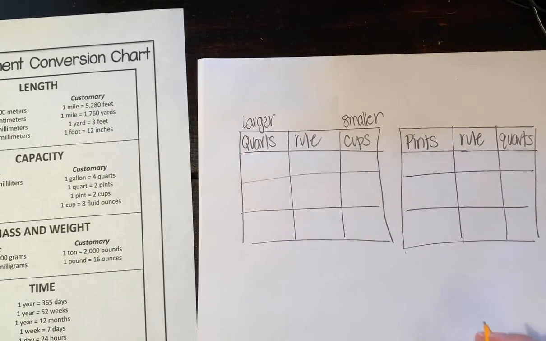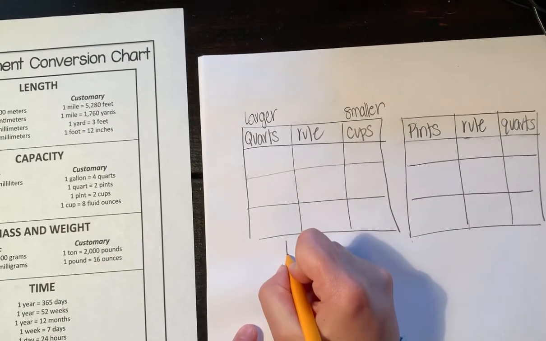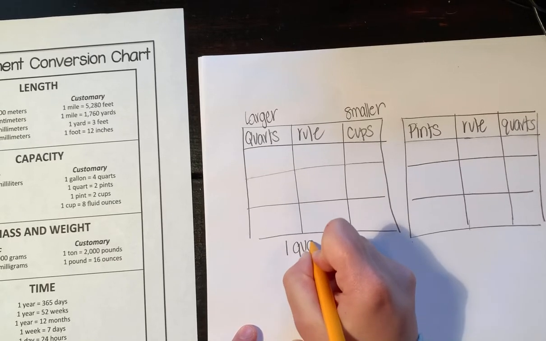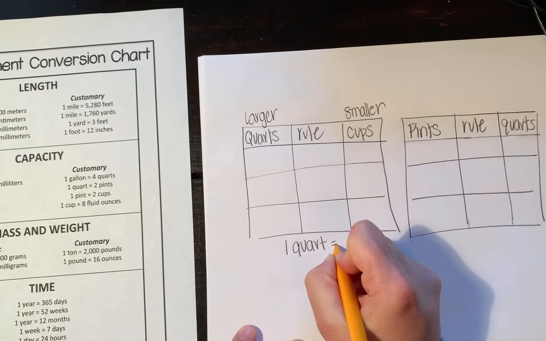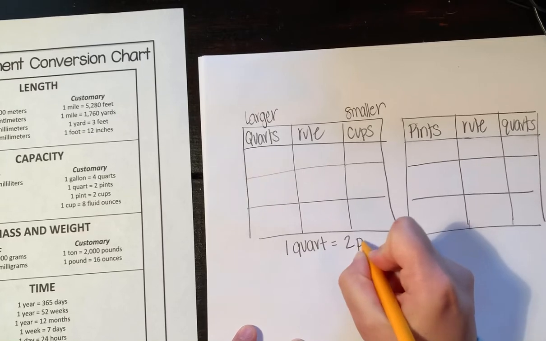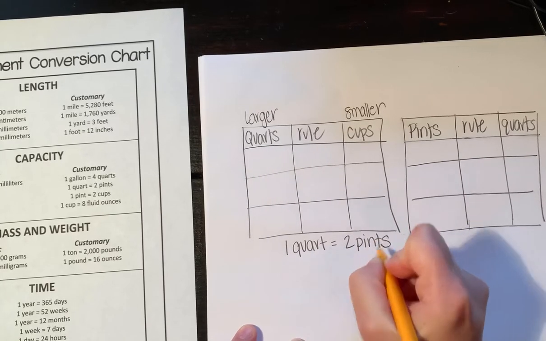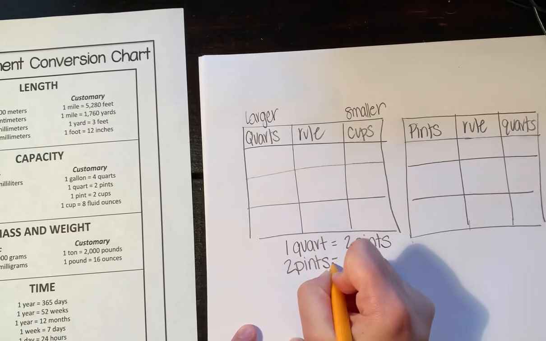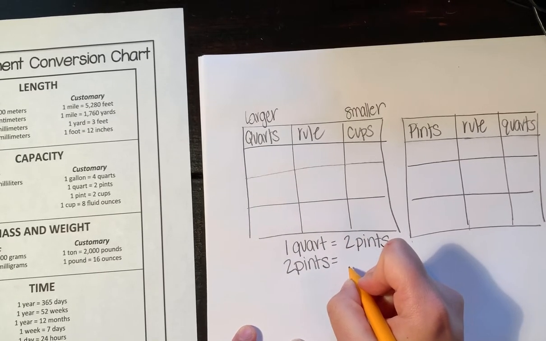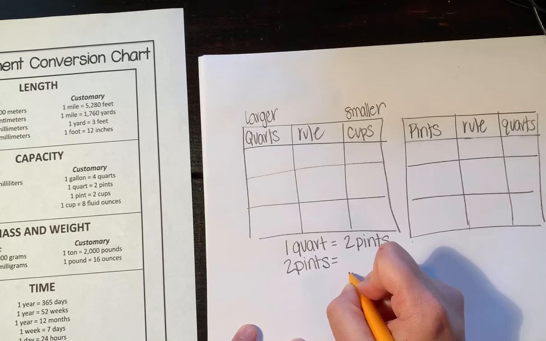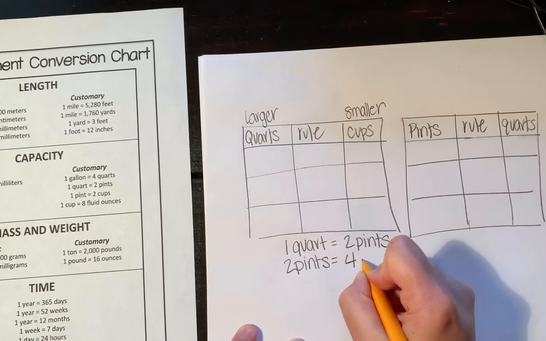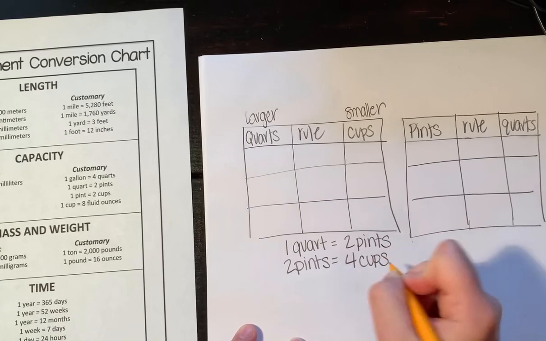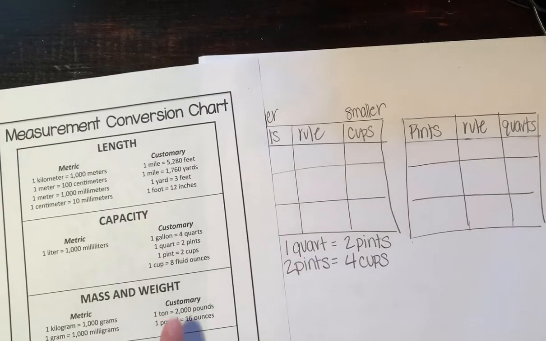So I know if I have 1 quart, it equals 2 pints. And I know 2 pints equals 4 cups. And so that helps us right here, okay?